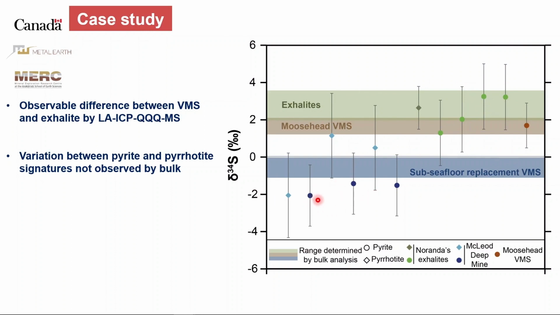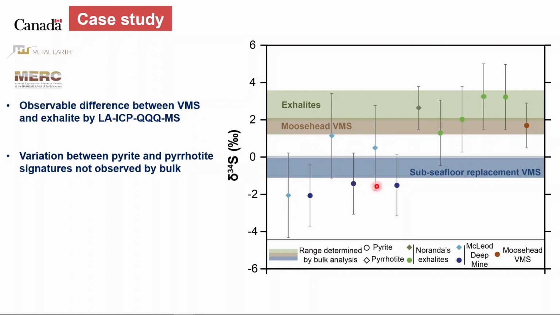Here, the circles correspond to pyrite, and this diamond corresponds to pyrrhotite. And here you can see that there is a difference between the pyrite and the pyrrhotite isotopic signature.